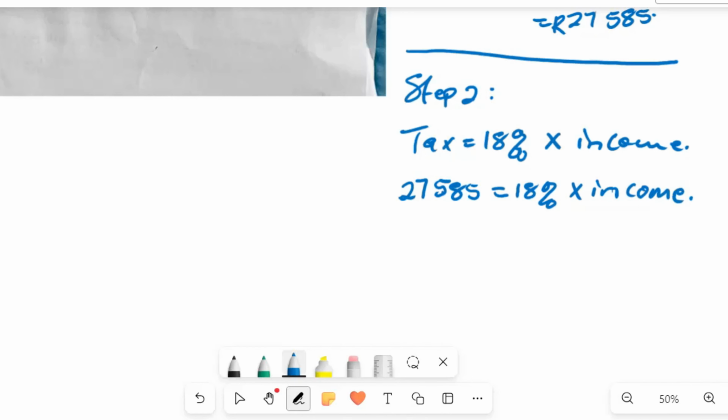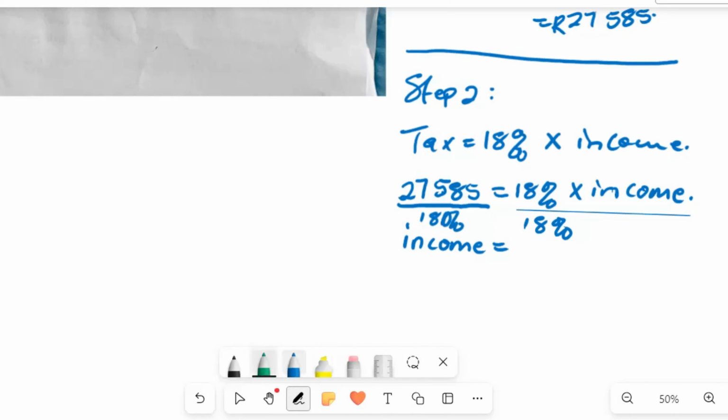Here we want to know what the income is, so we'll divide both sides by 18%. 18% equals 0.18.